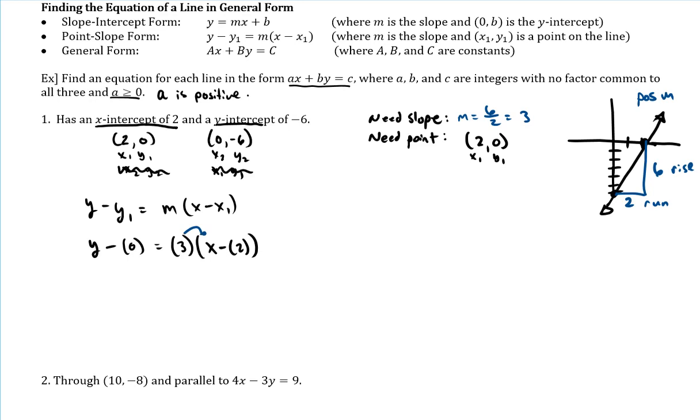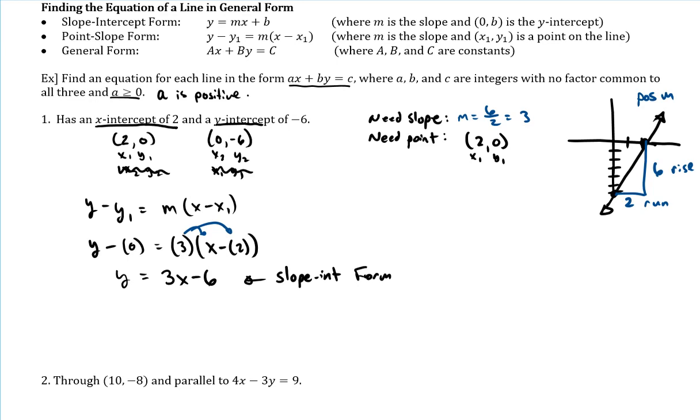And then we'll do what we did in the previous problems too, where we distribute the 3. So y minus 0 would be just y, and 3 distributes, so we have 3x minus 6. This is the answer if they wanted it in slope-intercept form, because y is by itself.